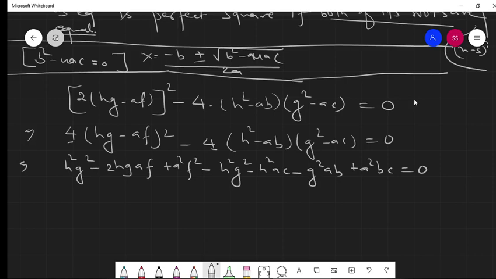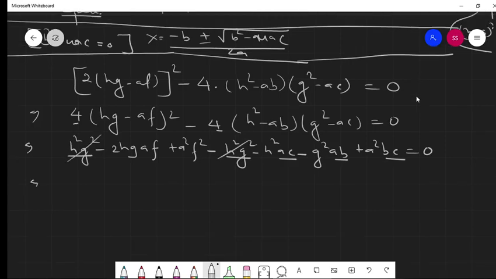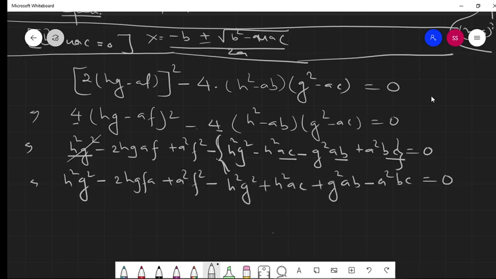Now dear students, let me copy these: minus 2afgh plus a square f square minus h square g square, plus h square ac plus g square ab minus a square bc equal 0.